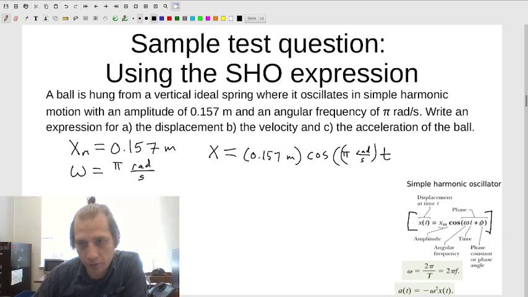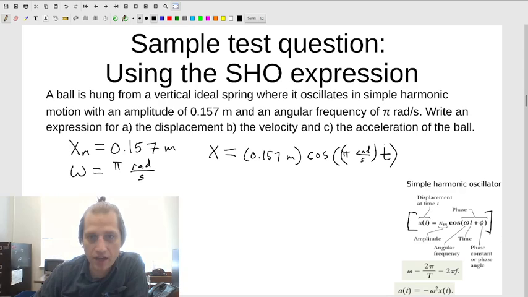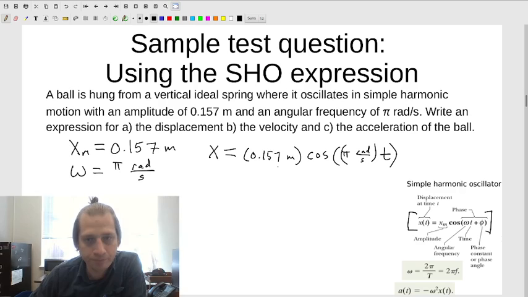And then you could have a plus some phase offset, but if I haven't specified that, you don't necessarily need to worry about it. So that is your position versus time. That's saying you started out at 0.157 at time equals 0, and then you're oscillating back and forth.